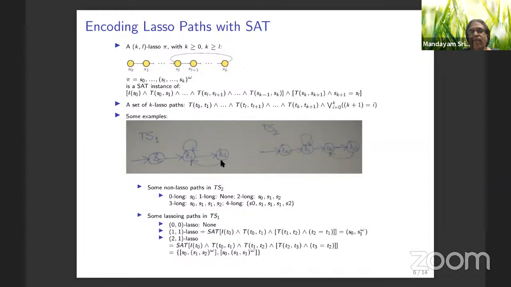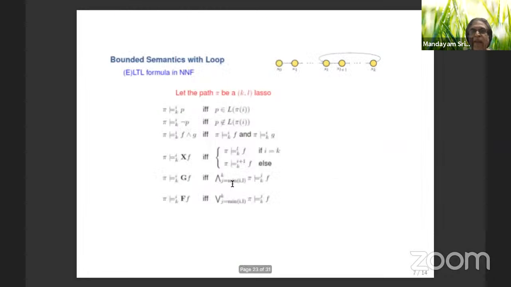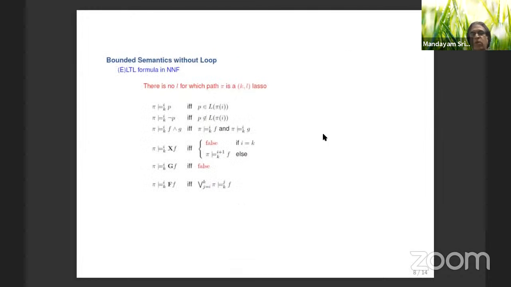Given an infinite path, whether by looking at the K prefix you can precisely answer if the LTL formula holds for the infinite path depends on whether the K prefix is a lassoing K prefix or there's no lasso. That's why the semantics is defined one way if you have loops, and another way without loops.